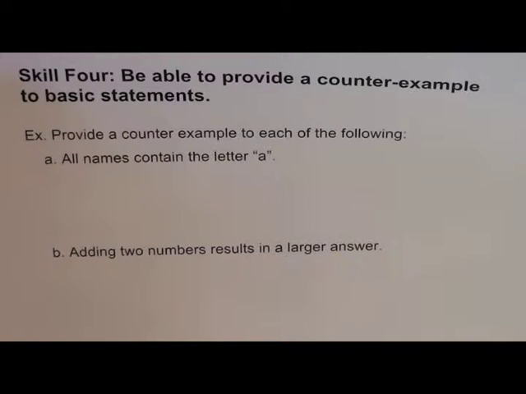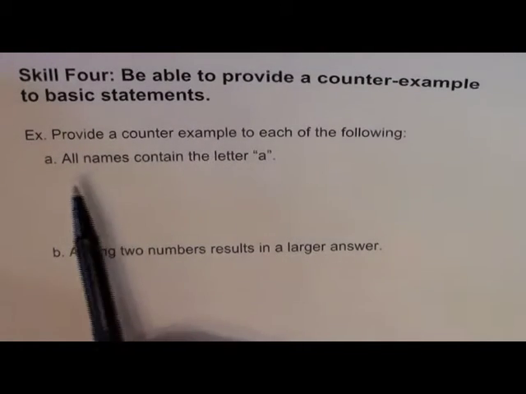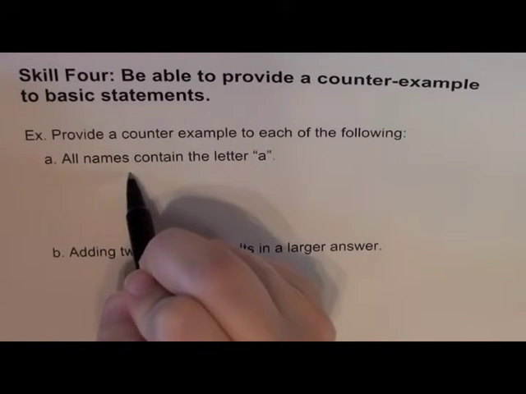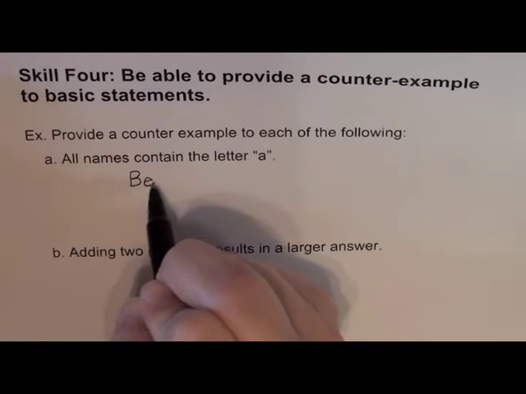Then I oftentimes think of people I know, and lo and behold, I actually know someone who has a name that does not contain the letter A, and the name is Ben.